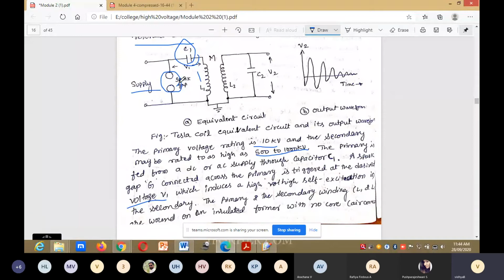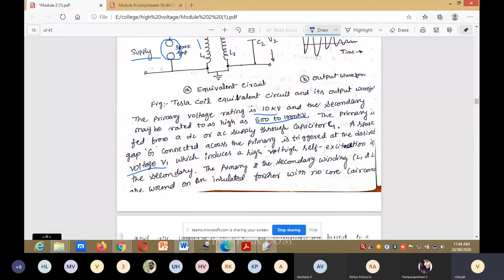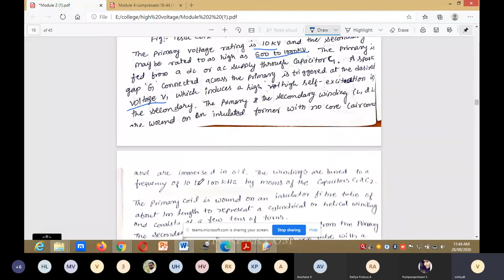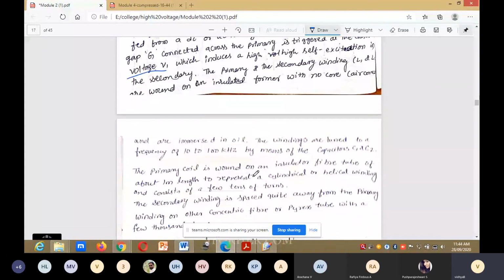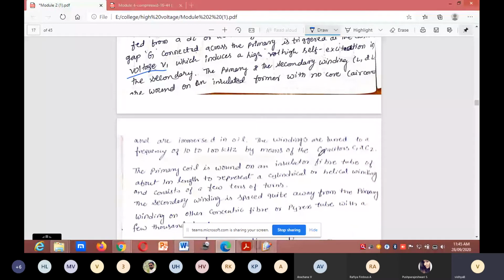The primary and the secondary windings are wound on an insulated former with no core and immersed in oil. The windings are tuned to a frequency of 10 to 100 kHz by means of capacitors C1 and C2.